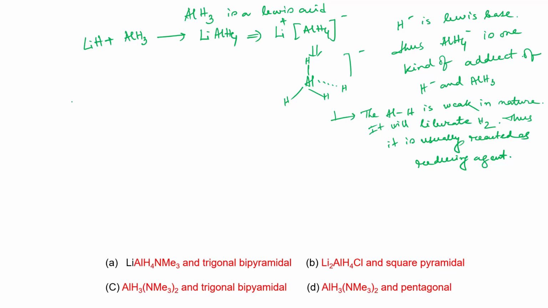Now, the other compound given in the reaction is Me3N·HCl. Here, the NMe3 has a lone pair of electrons, thus it is a Lewis base. Now, we can think about the reaction between LiAlH4 and Me3N·HCl as a reaction between a Lewis base and a Lewis acid.